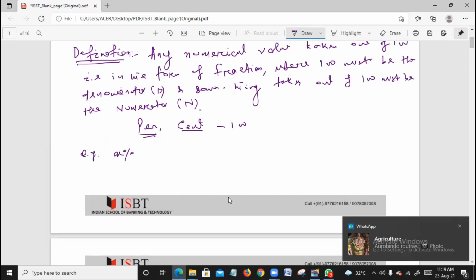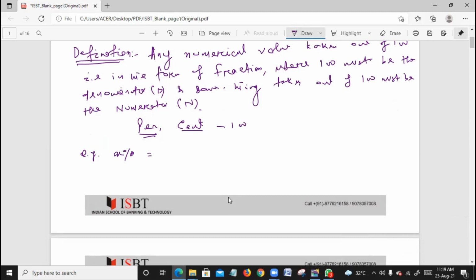This is denoted as the symbol percentage. X percent means X by 100. So 100 here is the denominator and X is the numerator.